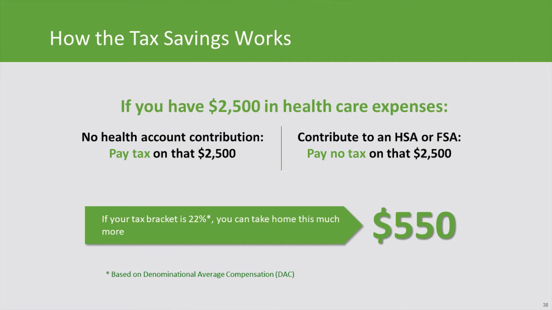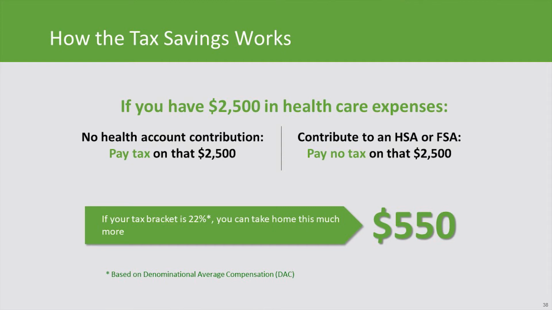So Westpac put together an example for those of you that don't currently contribute to an FSA, just to bring to your attention some tax savings you can find. If you have $2,500 in health care expenses and you don't choose an FSA, you're paying tax on that $2,500.